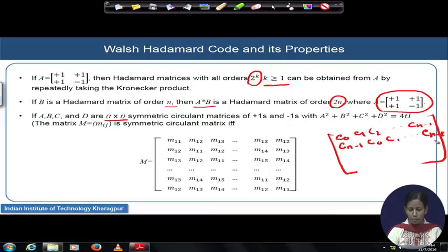All the elements of the matrix are circularly rotating. If this property is observed, then we say this is a symmetric circulant matrix.